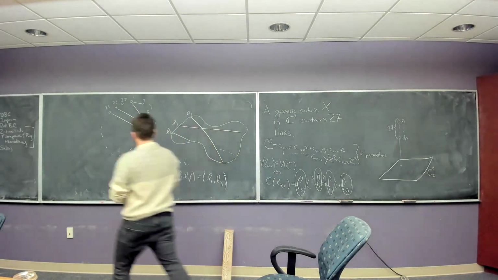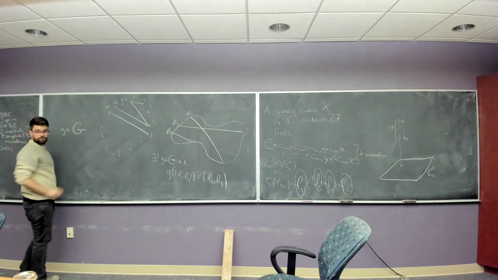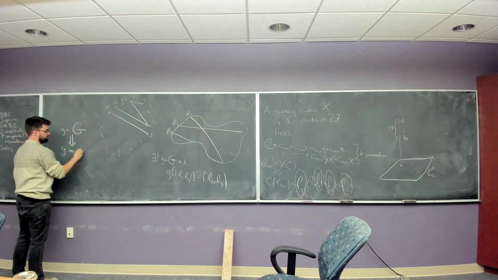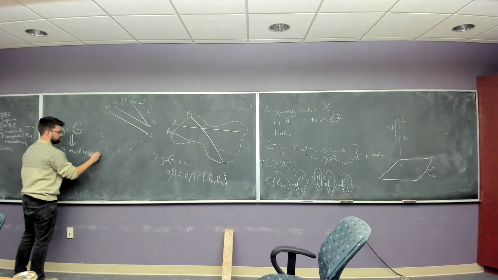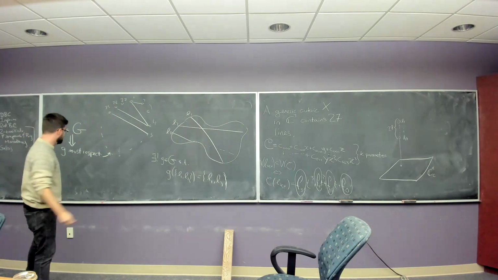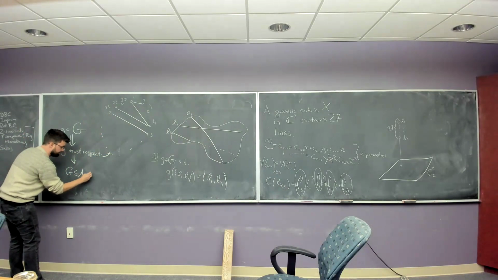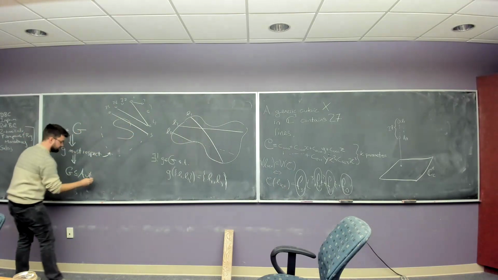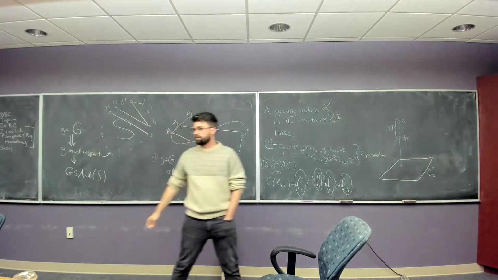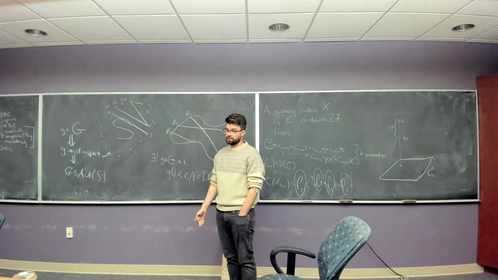And if g is in the monodromy group, then g must respect this graph. It sends edges to edges. In other words, g is a subgroup of the automorphism group of the Schläfli graph. So that's another geometric obstruction that you could see.